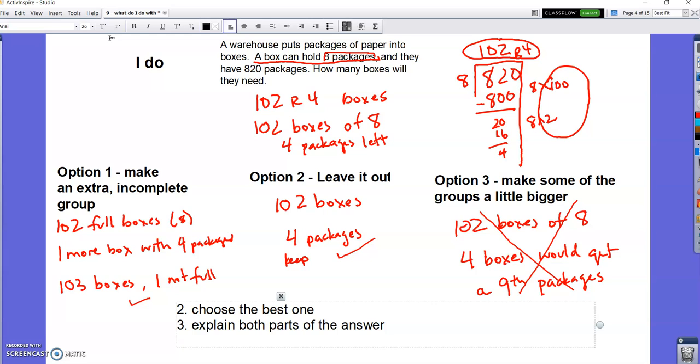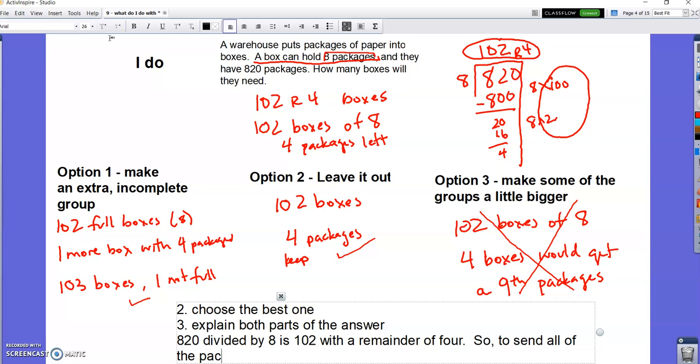So in this one, I would probably say 820 divided by 8 is 102 with a remainder of 4. So to send all of the packages, they will need 103 boxes.